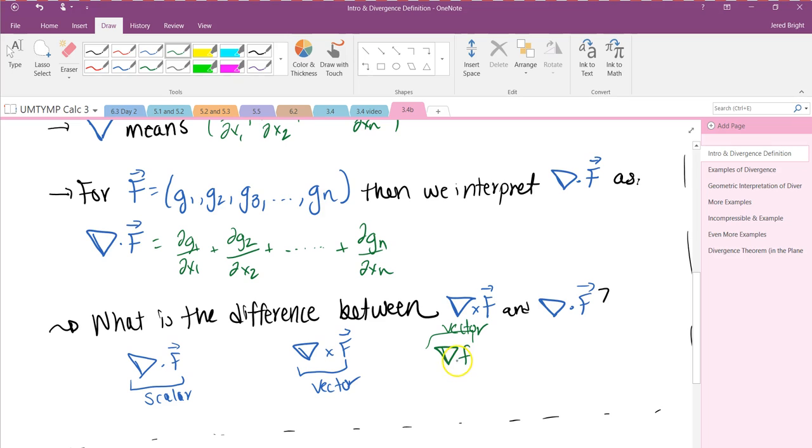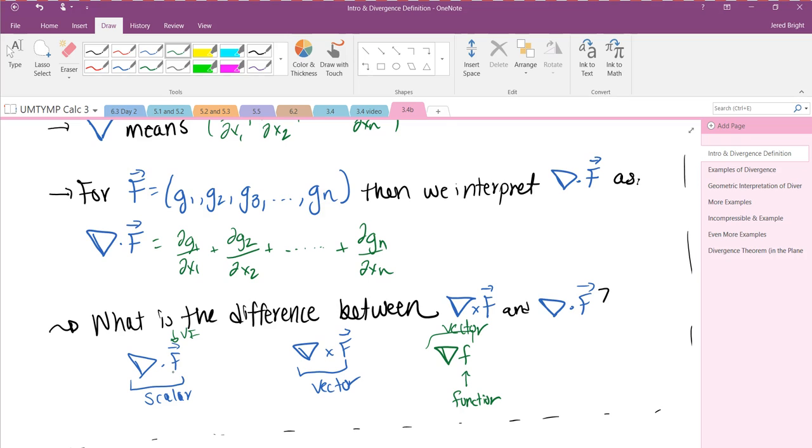But here, there is no dot product, but the inputs are different. So here in this one, this is a vector field, versus in this one, when we do the del operator on a function, the inputs are different. Okay, so we either have vector field input or a function input.